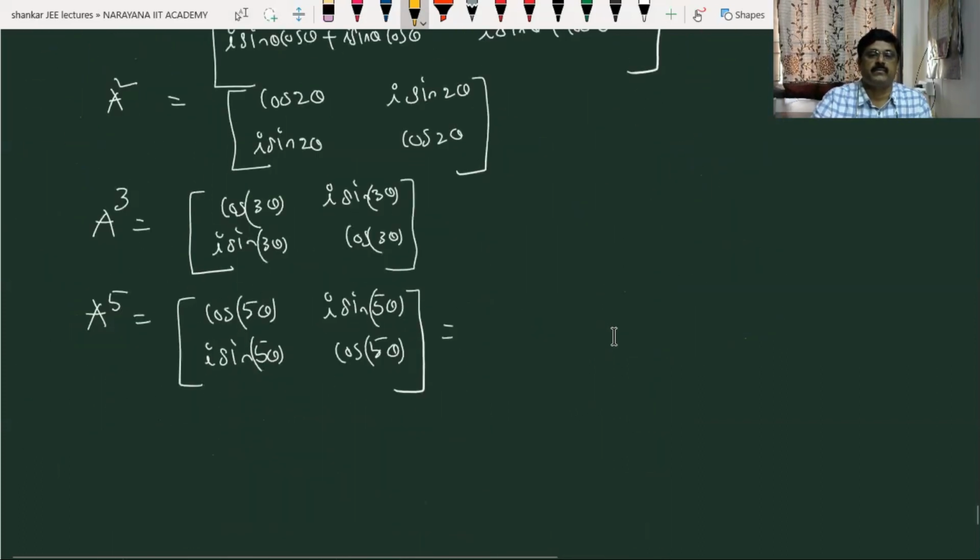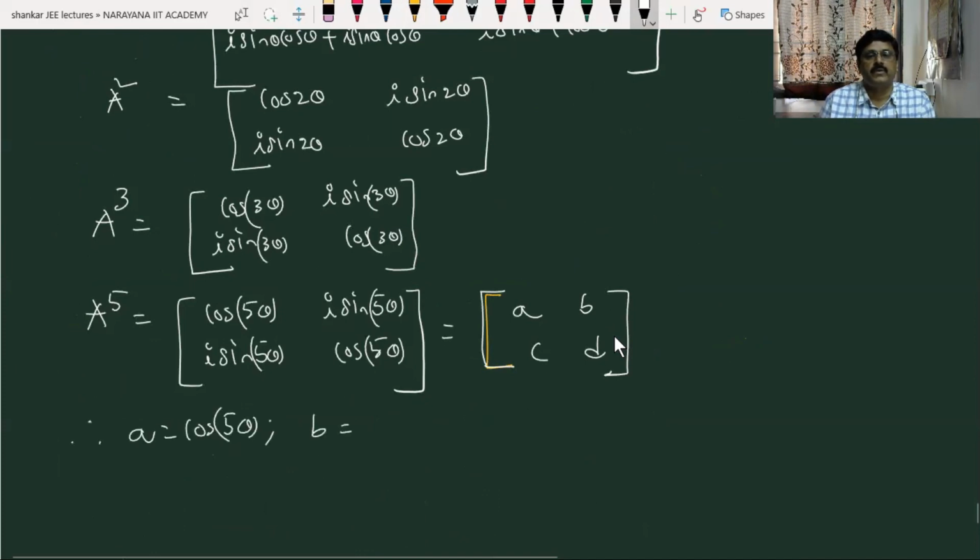Okay, nice. If you equate like that, you will be having A, B, C, D. As A power 5 value is equated like that, corresponding components I will equate. Therefore, A value is cos of 5 theta, B value is i sine of 5 theta, C value is i sine of 5 theta, next D value is cos of 5 theta.